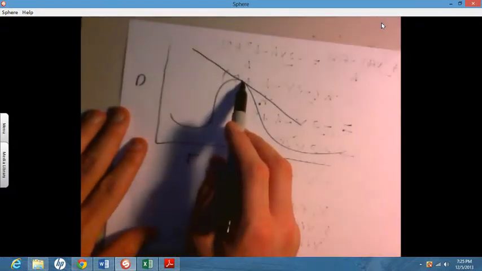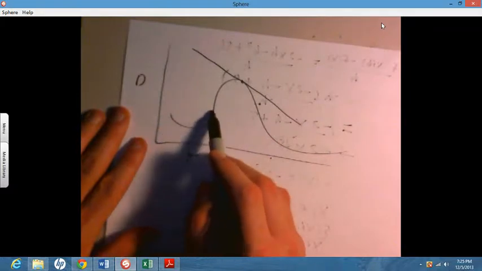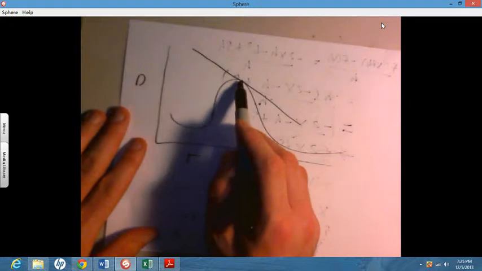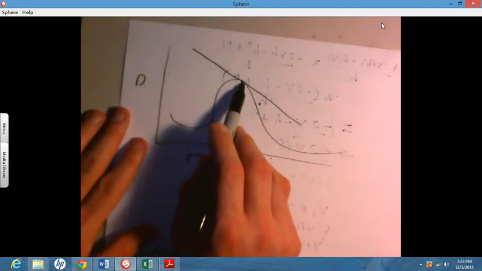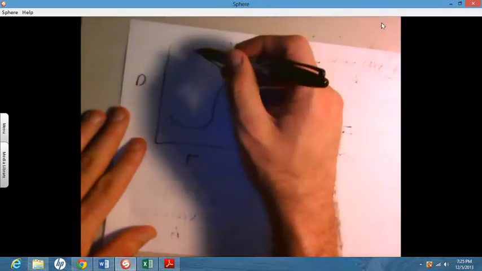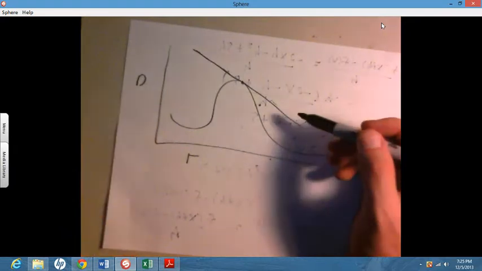For a car increasing in distance like this with respect to time, you might want to know how fast the car is going at this particular point. And it would be the same as a line moving like so. And that's essentially what the derivative tells you.